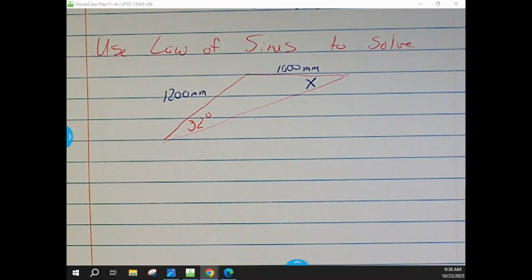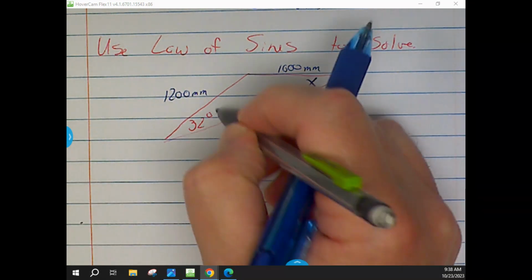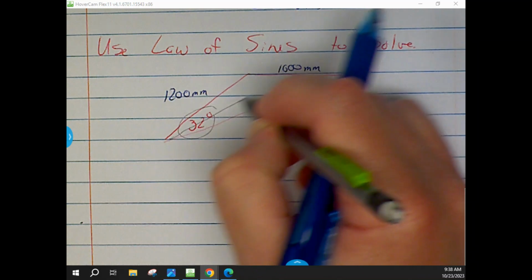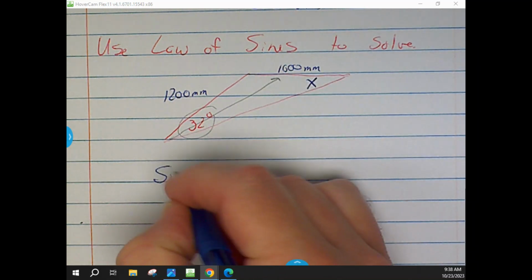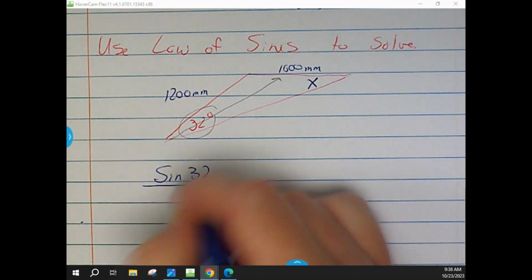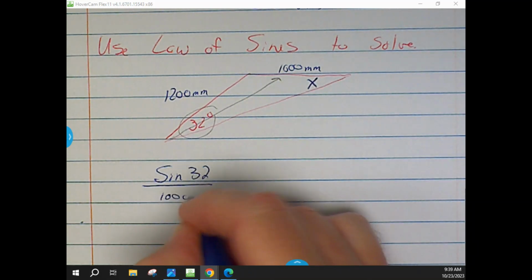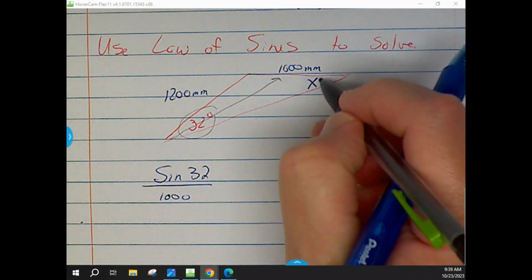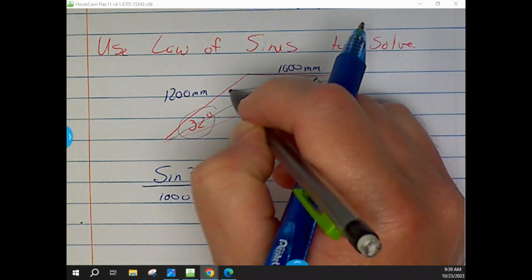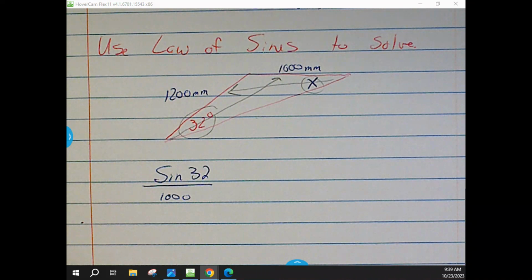Okay, and again, law of sines should be pretty straightforward for this. If they ask you to find these and ask you to use law of sines, then whatever angle you've got here, you draw through that one, and it's going to be sine of 32 over 1,000. And if we're talking about angle x in this case, then if we draw through it, that's going to point to the 1,200 that's there.